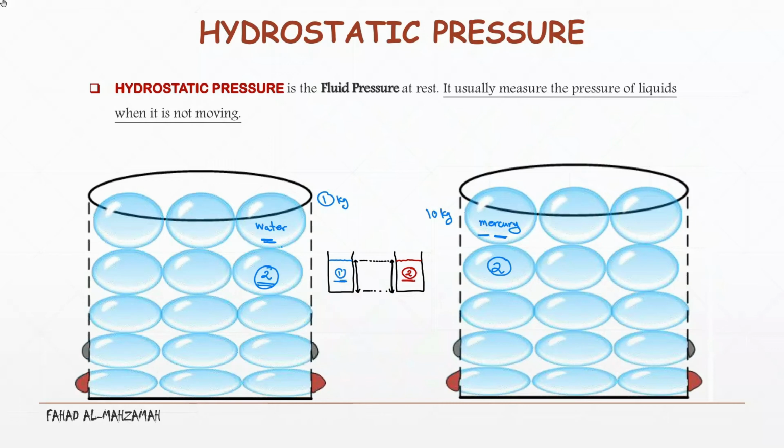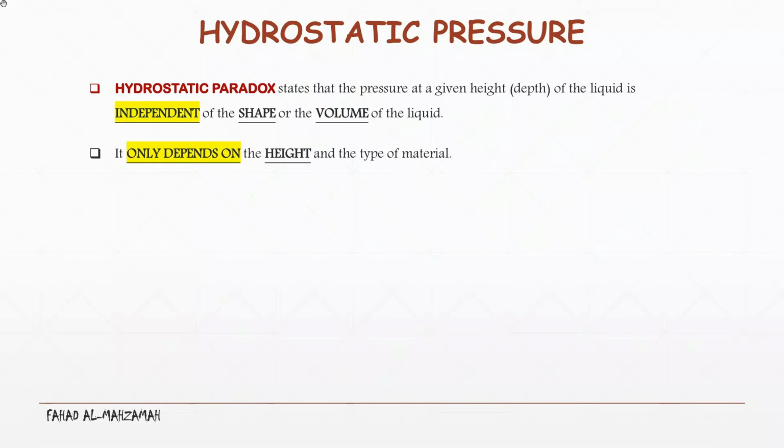So in conclusion, the hydrostatic paradox, or hydrostatic theorem, says that the pressure at a given height or a given depth of the liquid is independent, meaning it has nothing to do with, the shape or the volume of the liquid. This is a very important point.